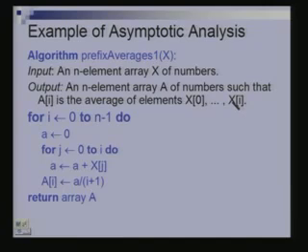Okay, this is what I have to do. So what is one way of doing it? I basically have a for loop in which I compute each element of the array A. To compute A10, I just have to sum up x0 through x10, which I am doing here.